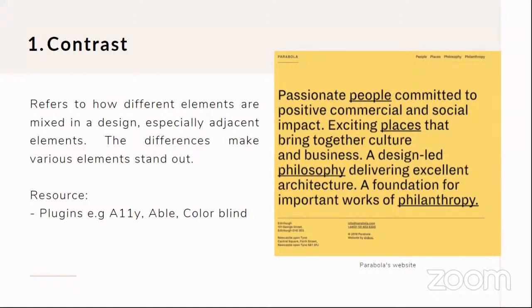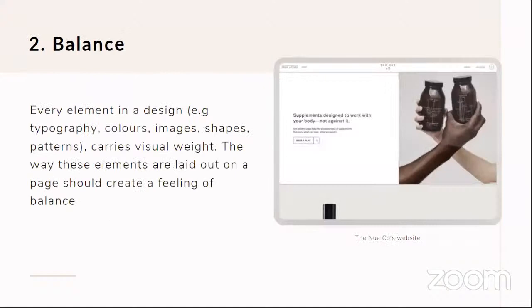I believe that's clear. We'll move on to the next one, balance. Every element in a design, your typography, your color, the image, the shape, everything you put in your design, carries visual weight. The way these elements are laid out on a page should create a feeling of balance.